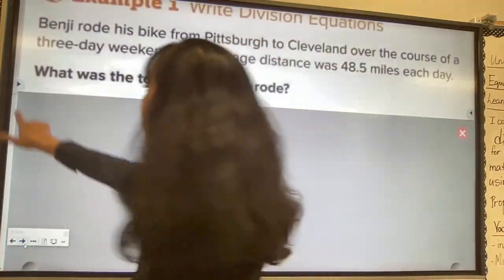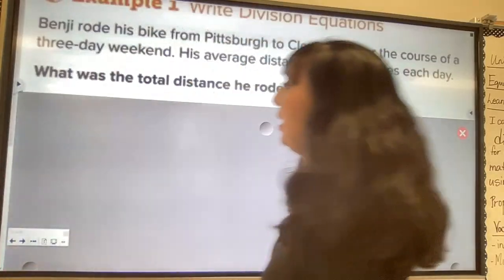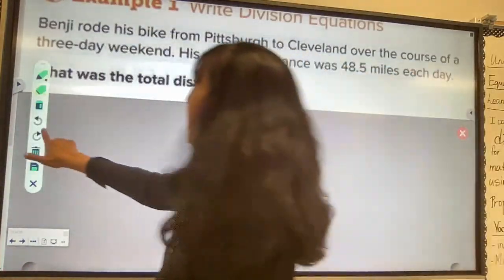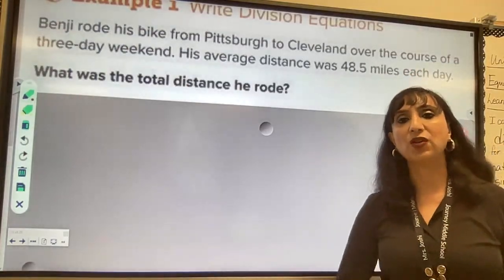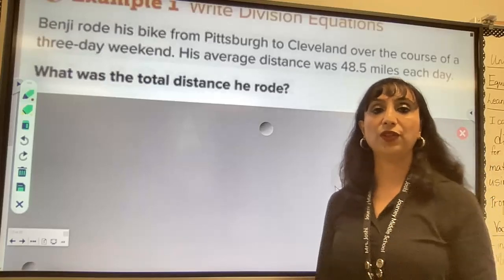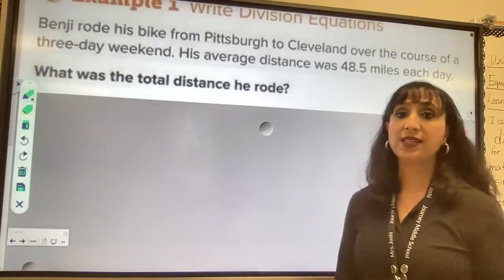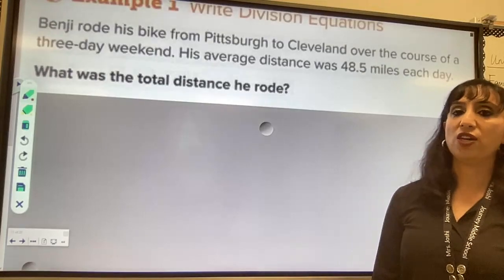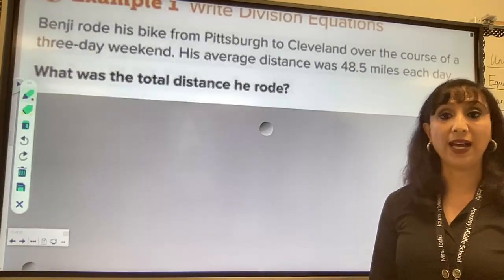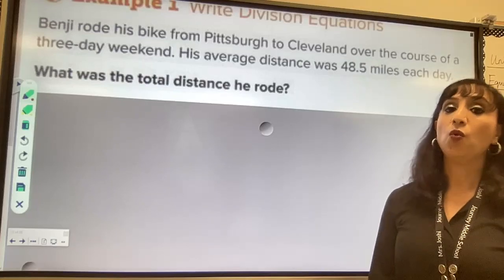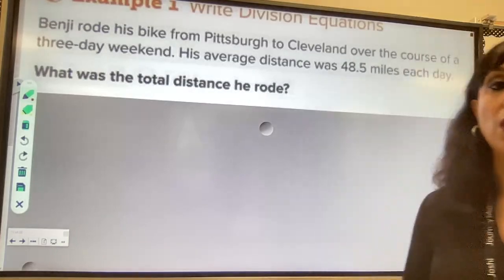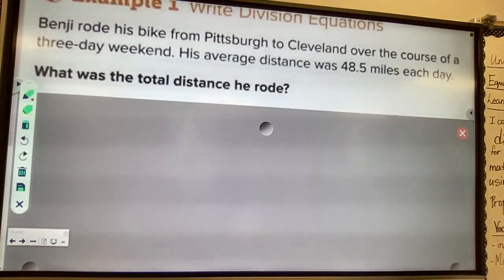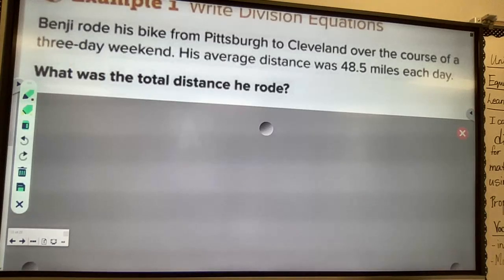Let's look at this one. Benji rode his bike from Pittsburgh to Cleveland over the course of a 3-day weekend. His average distance was 48 5/10 miles each day. What was the total distance he rode? So once again, we are going to describe the mathematics of the problem in words.